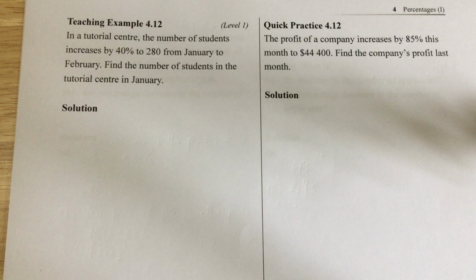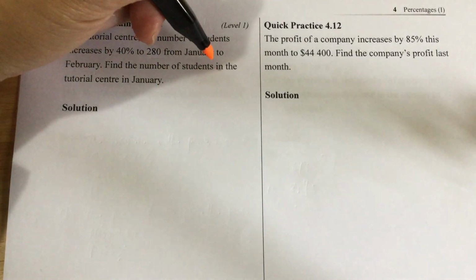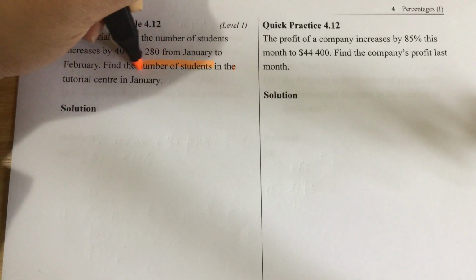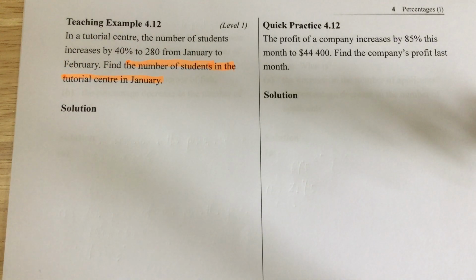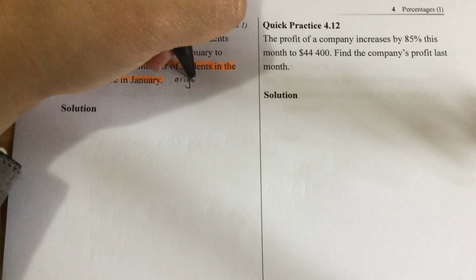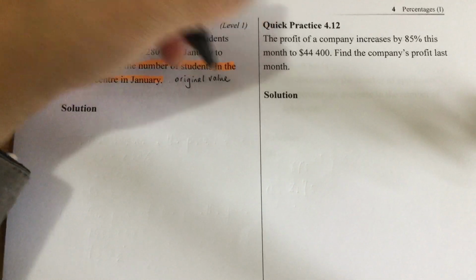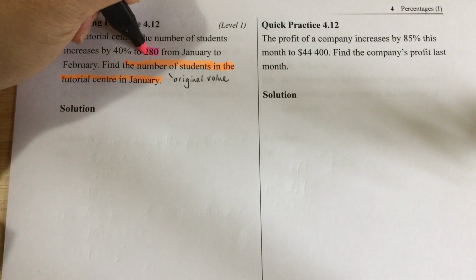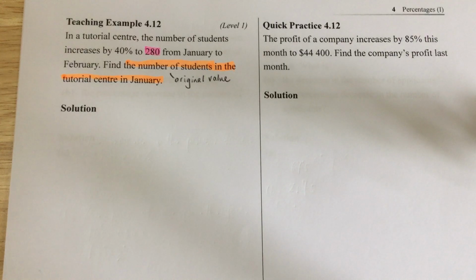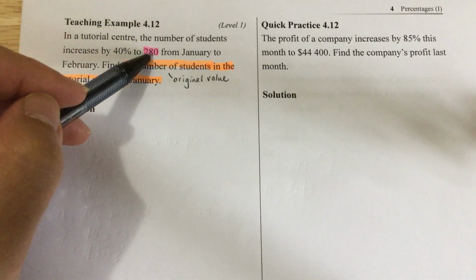You have 2 months, January and February. What I'm going to find is the number of students in the tutorial center in January, so this time we are going to find the original value. 280 is the new value because it increased.